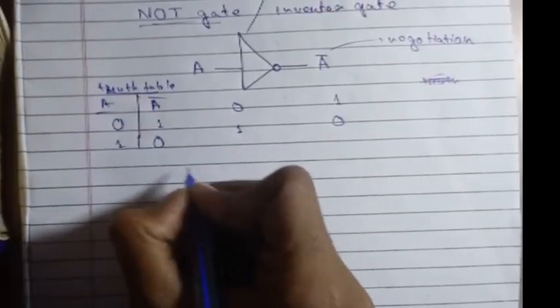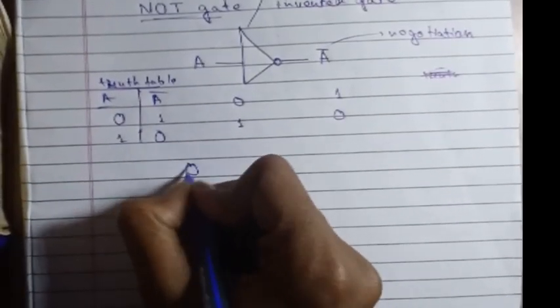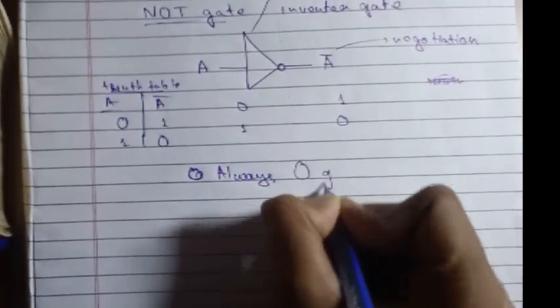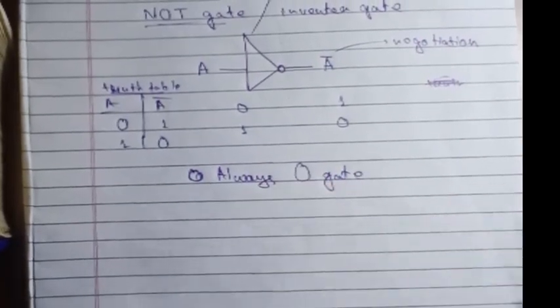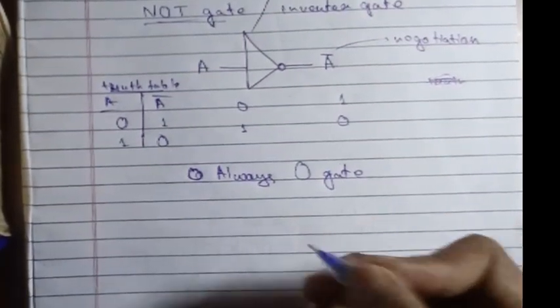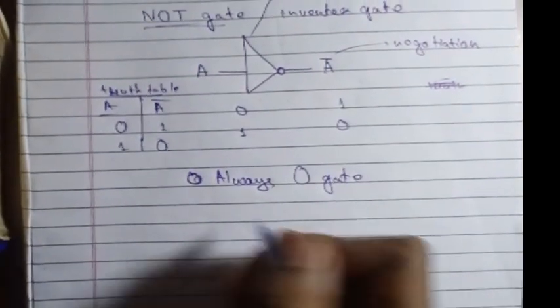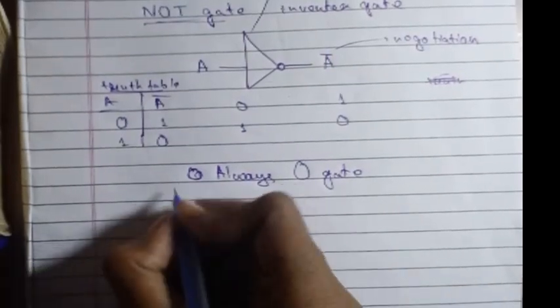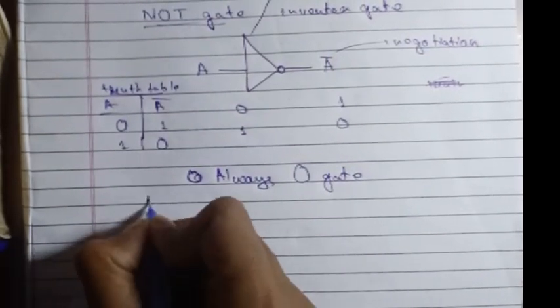Next one is the always 0 gate. What the always 0 gate performs is, whatever I give as input, it will always return 0 as output. There is no specific gate symbol here, so I am going to write the truth table of this.